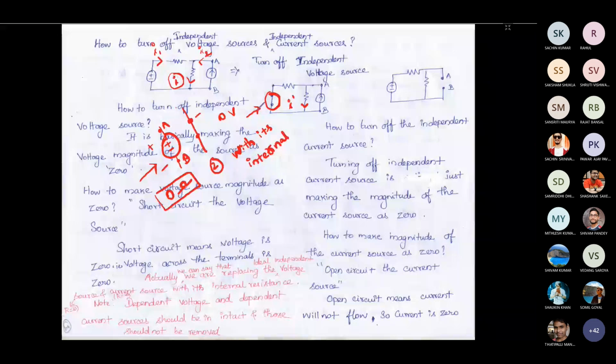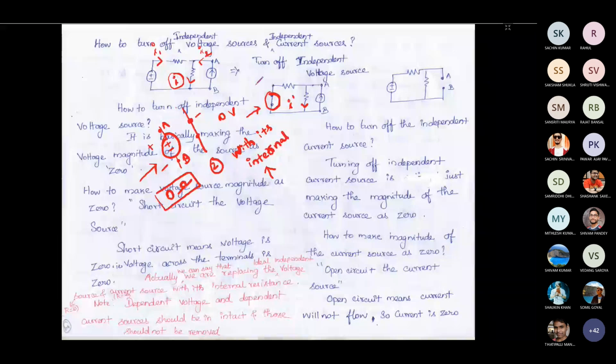You can represent it in two ways: either replace the ideal independent voltage source with its internal resistance, which is 0 ohm, so we have short circuited it; or say that we want to make this voltage 0, and to do that you should short circuit it. That's what we have done here.